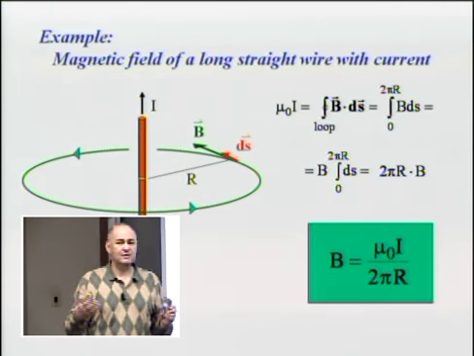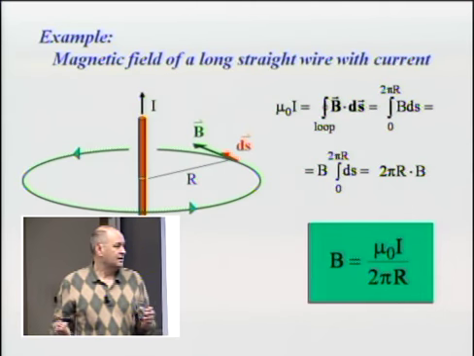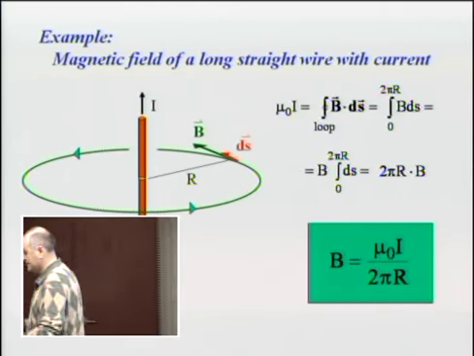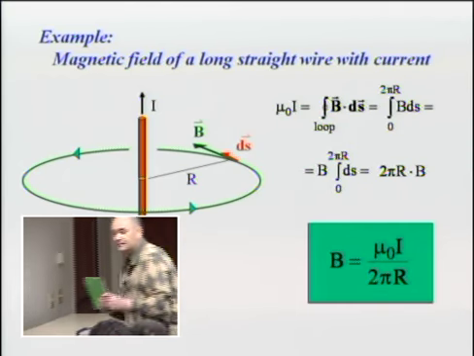The same way, for example, the magnetic moment of a loop. If I have a loop, let's say that this is a loop of wire and current flows this way. What will be the direction of the magnetic moment of this loop?